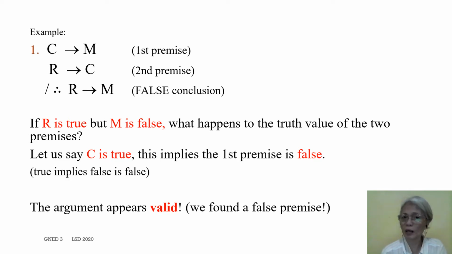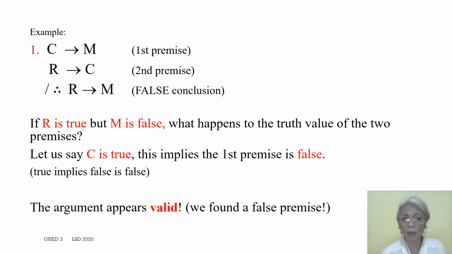Again, our R is true and M is false. When we assign C to be true, we will now have true implies false because our M is false. And therefore, true implies false is false. We find our first premise to be false. So, therefore, we have found a premise which is false when C is true, and that renders our argument to be valid. So, kung true si C, valid yung ating argument.